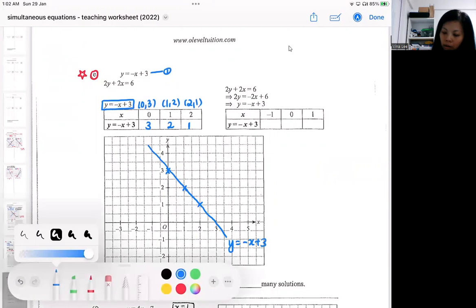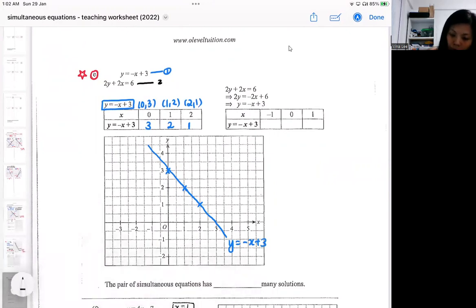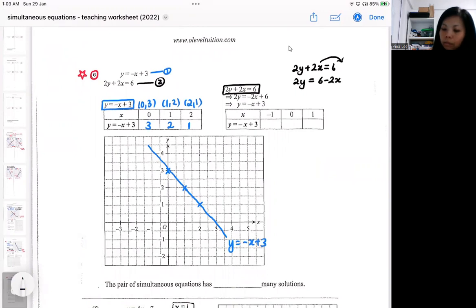Okay, then let's talk about the second line. The second line will give you another table. So we actually manipulate the line. I show the manipulation first. So we shift the 2x over. Then we can divide by 2.